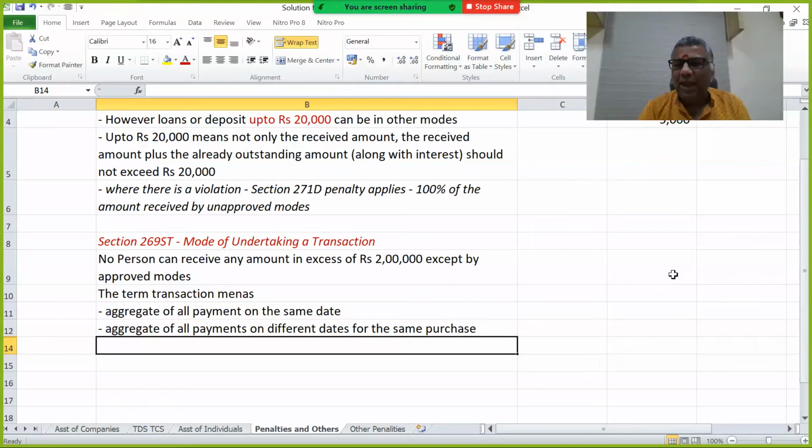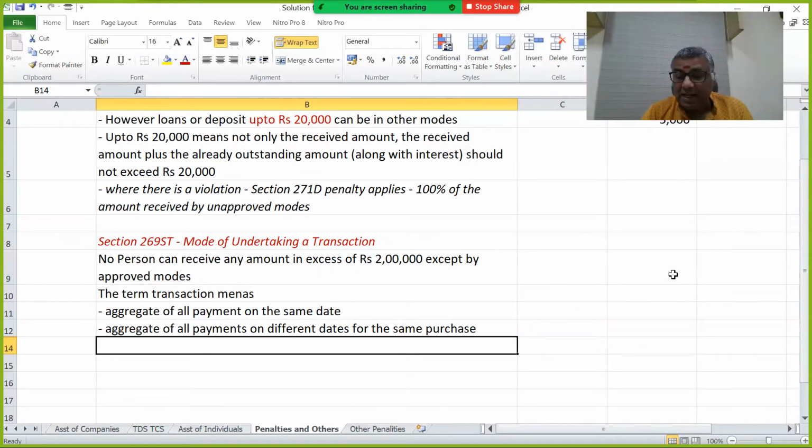Today I purchased for 3 lakhs; today I pay 150, tomorrow I pay 150. That is also a transaction. Or today I made 3 purchases of 1 lakh each, and today I paid 3 lakhs. It is the aggregate of all payments on the same day, or on different dates but for the same event or transaction.